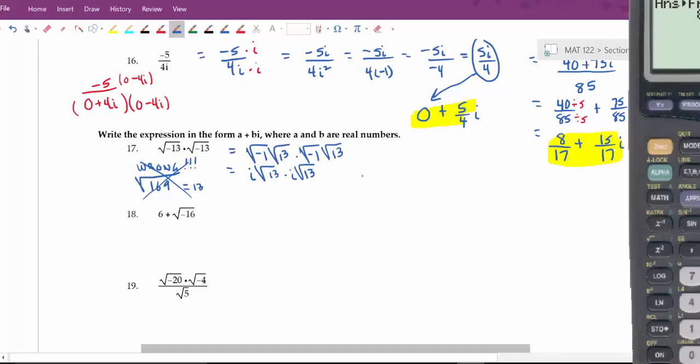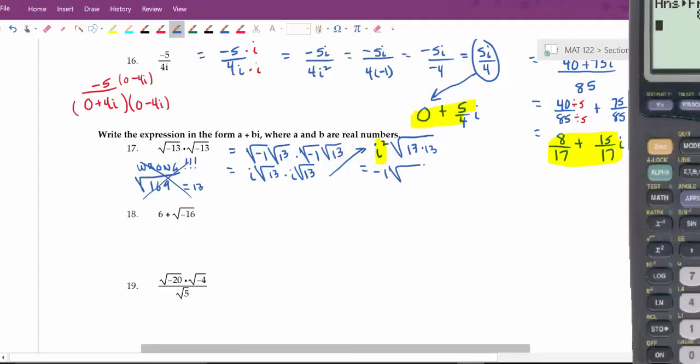Okay, and then when we do that, what you're going to have from here, I'm just going to move this up here, is i times i is i to the second. Then you can put these things together. Now you can put real numbers together under the same radical. So you could just write that as 13 times 13 like that. That's valid. But then i squared gets replaced with -1.